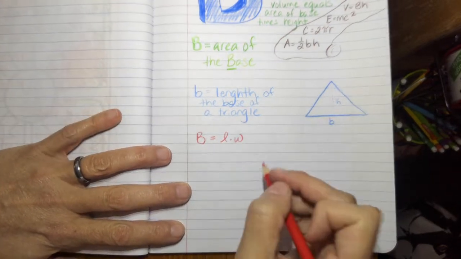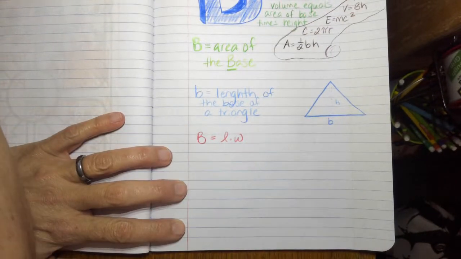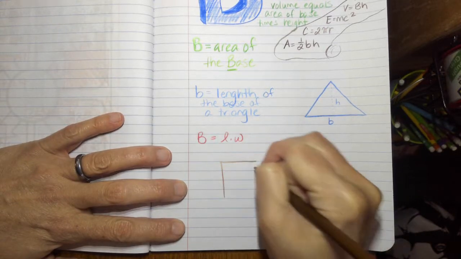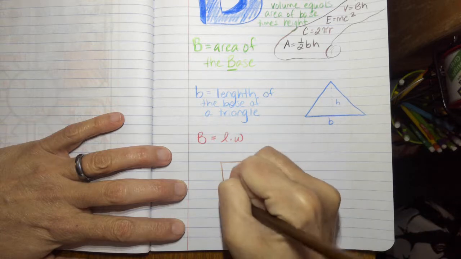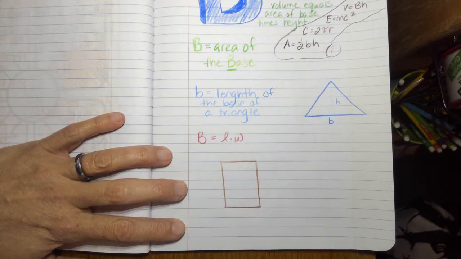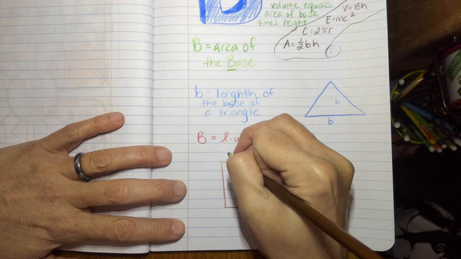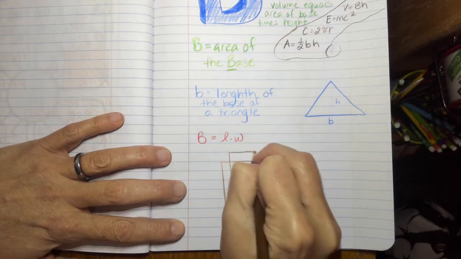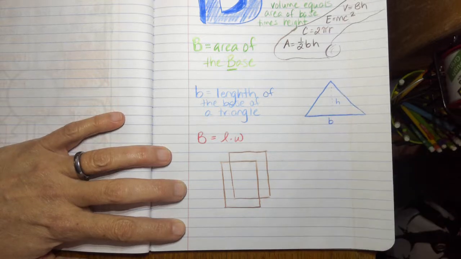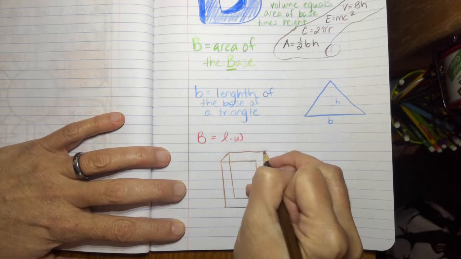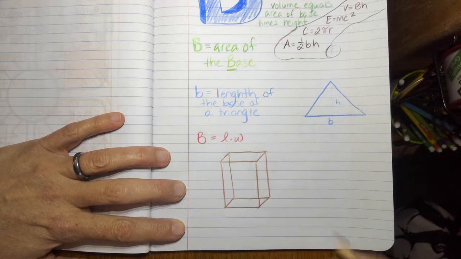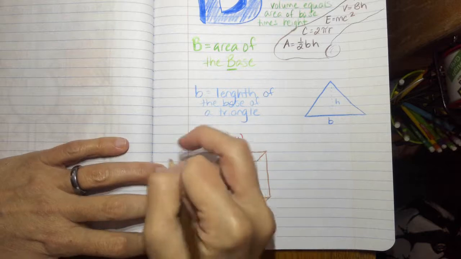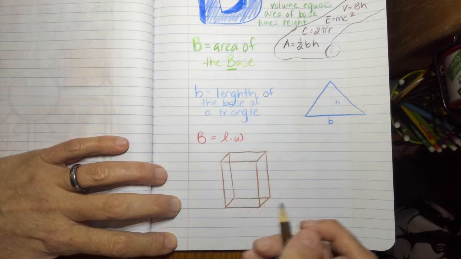So let's actually draw ourselves a cube. Actually, we'll do a rectangular prism, so it's not just the same. You draw one rectangle, and then you draw another rectangle just offset from it, and then you connect the corners. Let's say that my rectangle has these dimensions.